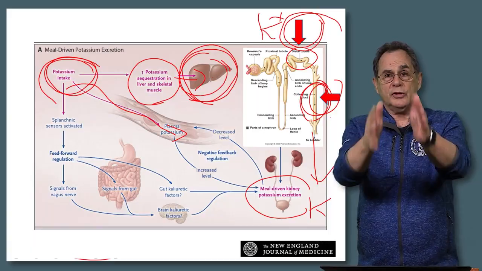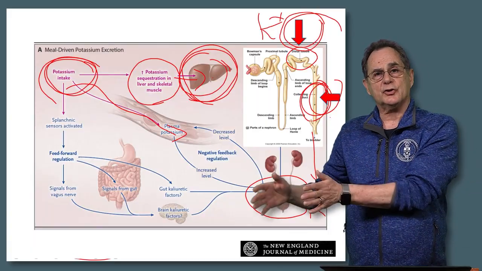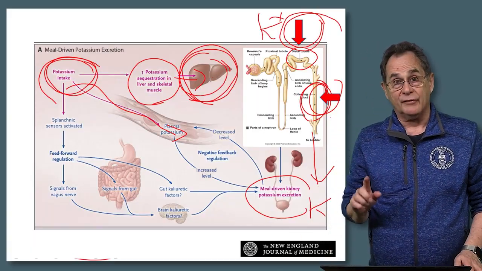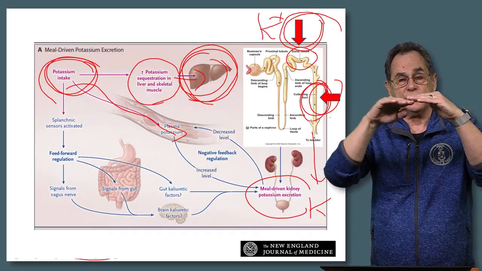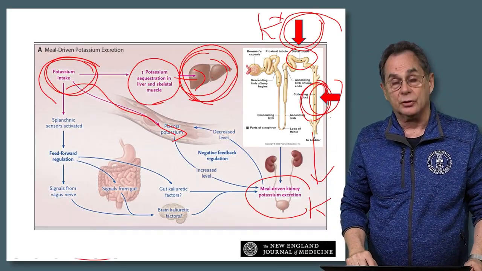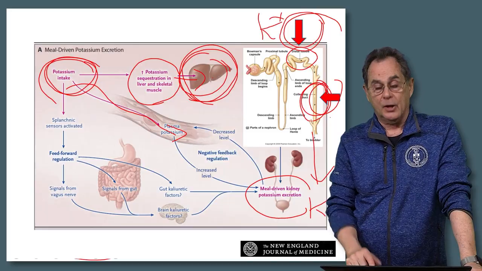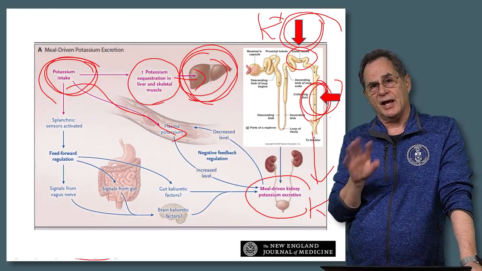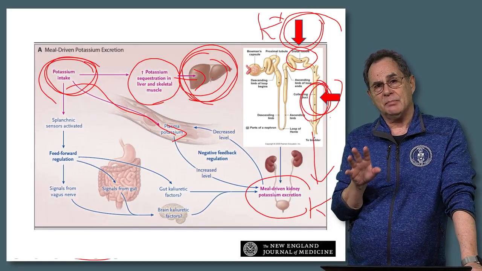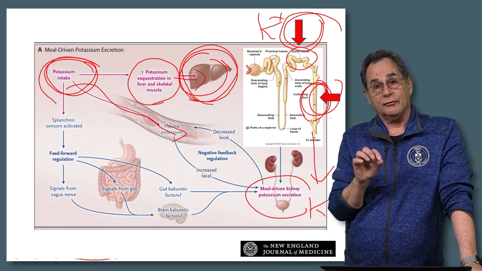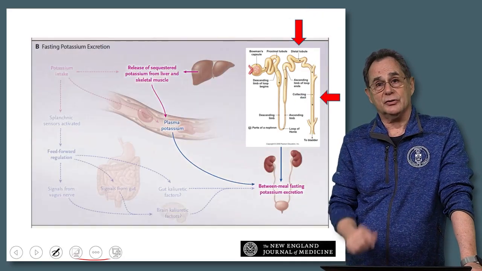So you move it into storage and then gradually excrete it out, preventing wide excursions in the potassium concentration depending on what you eat. So kidney responses to potassium allow you to maintain balance after you store that potassium load within tissue.